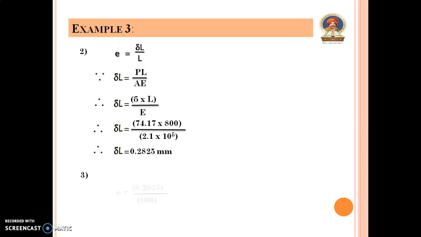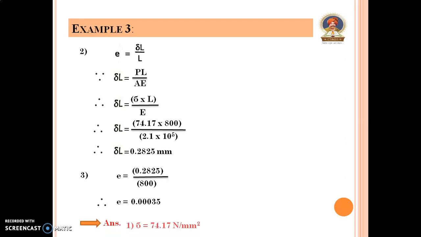Now put the value of delta L and L in the equation of strain. Therefore the equation becomes epsilon is equal to 0.2825 upon 800. Then the strain is 0.00035. There is no unit for strain. So the final answer is here.